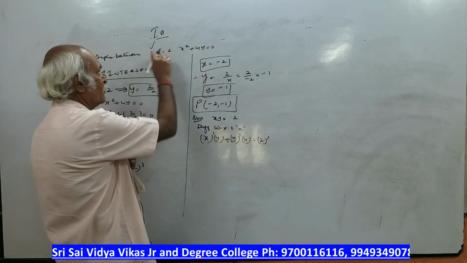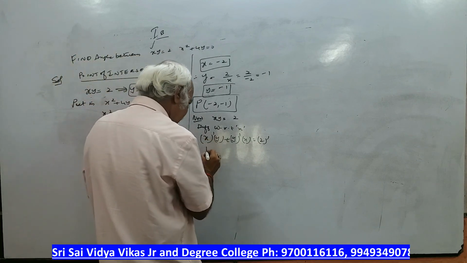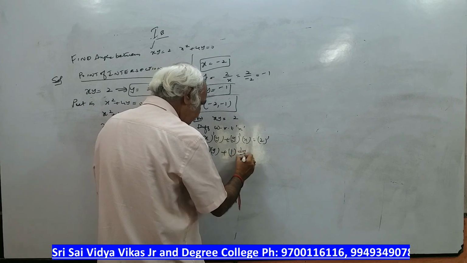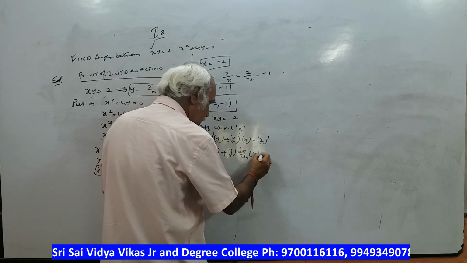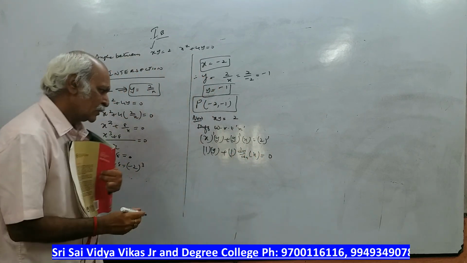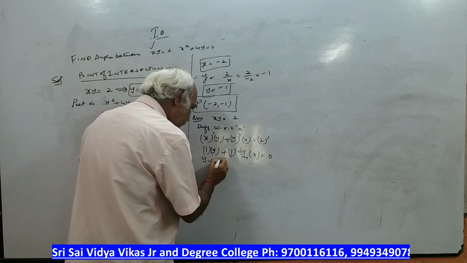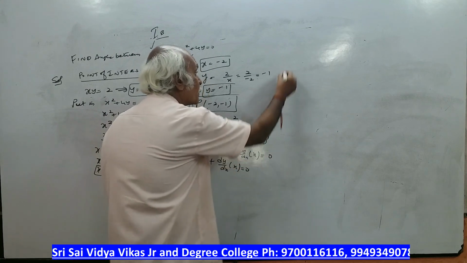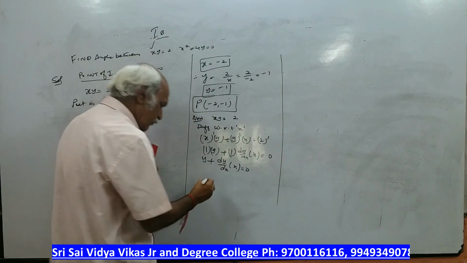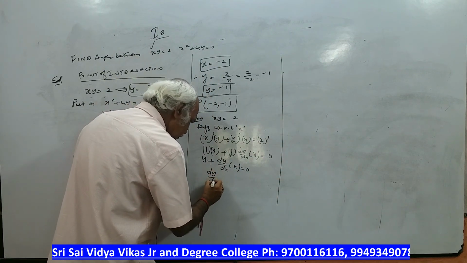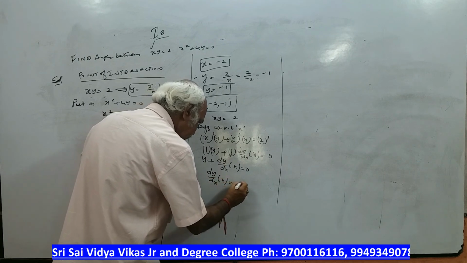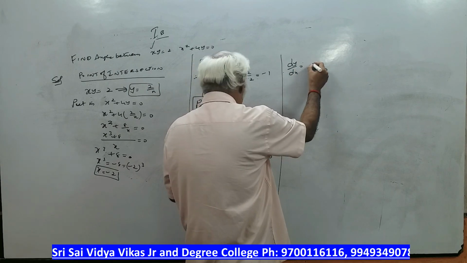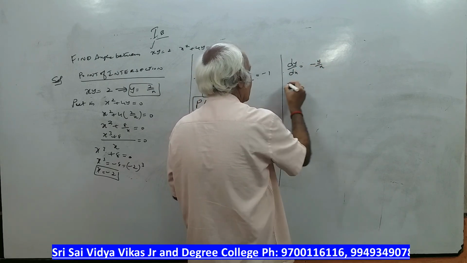So x derivative is 1 into y, plus y derivative, dy by dx, into x, is equal to constant derivative 0. So y plus dy by dx into x is equal to 0. Therefore, dy by dx into x is equal to minus y, so dy by dx is equal to minus y by x.